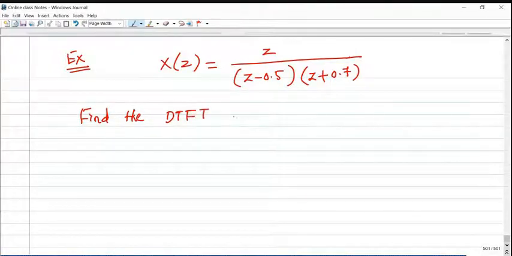Usually x[n] is given and we calculate the DTFT, or we calculate X(z) from x[n]. But here X(z), the Z transform of a sequence x[n], is given, and we have to write the answer for the DTFT. How?